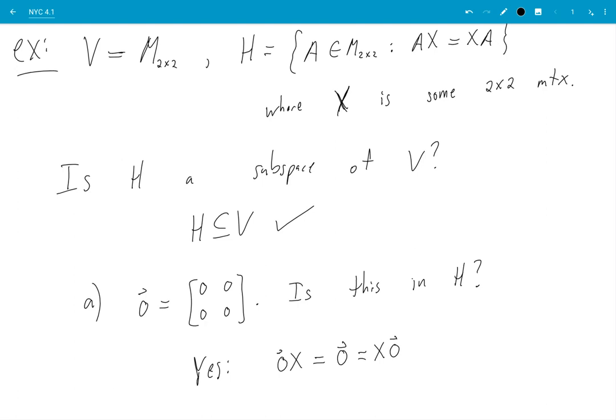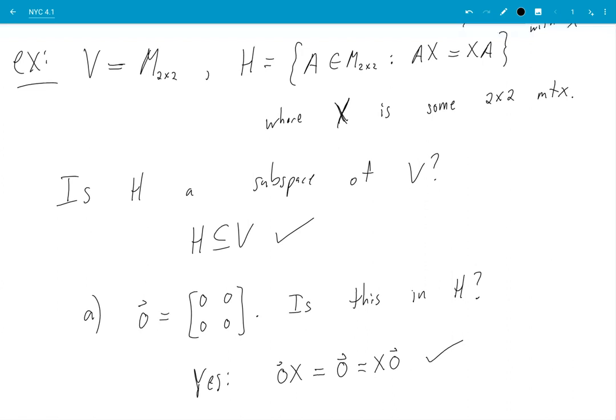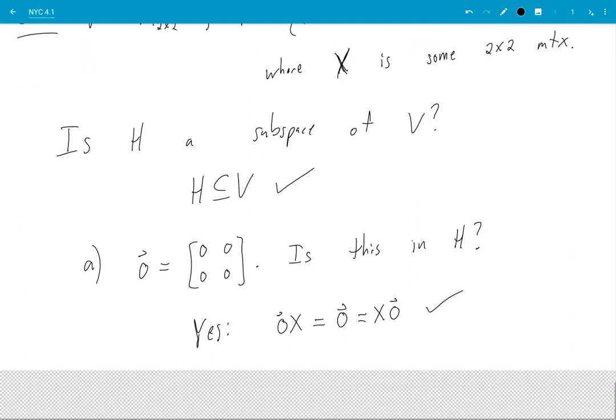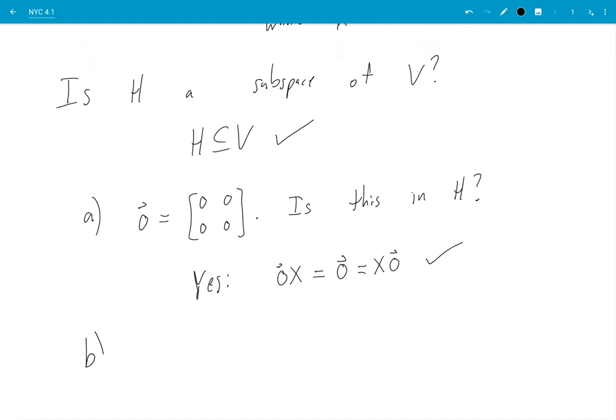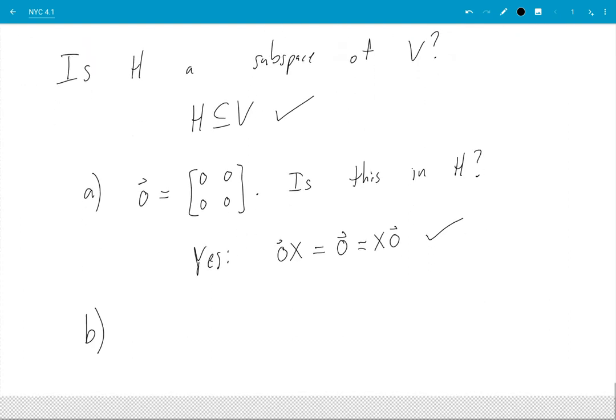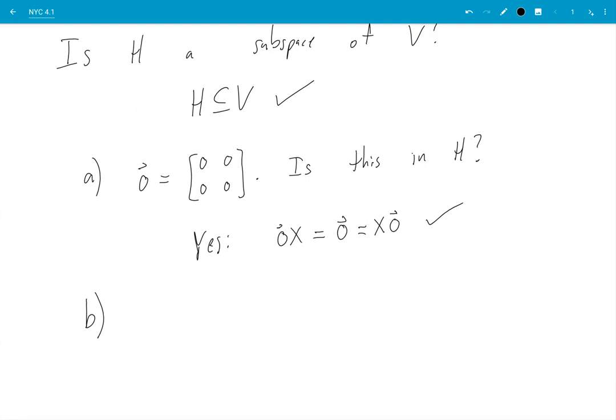You can check. Doesn't matter what X is. That's it, right? With this little equation here, I have demonstrated that this matrix passes this test up here. So I'm done. Woo-hoo.